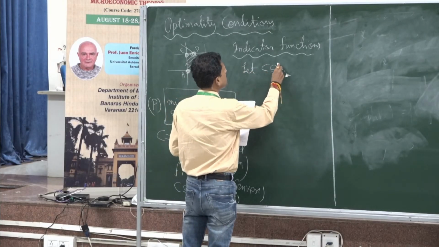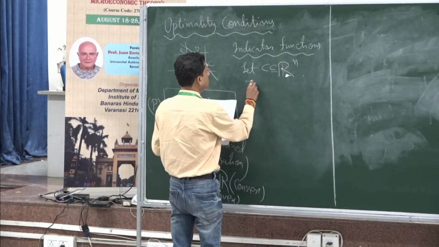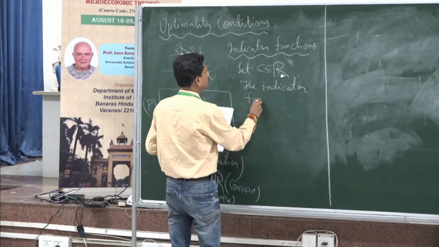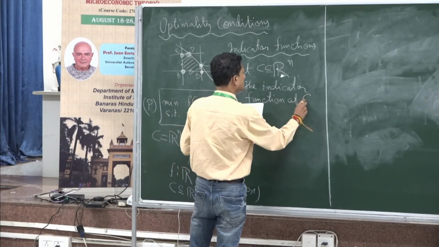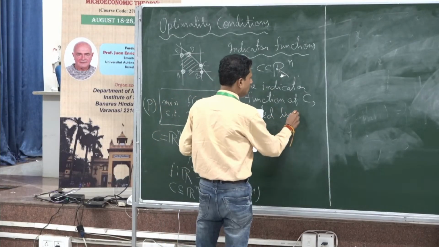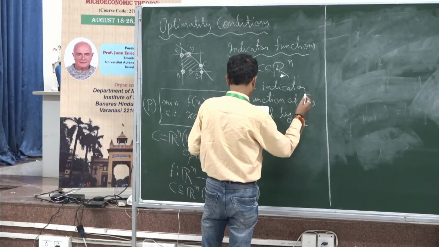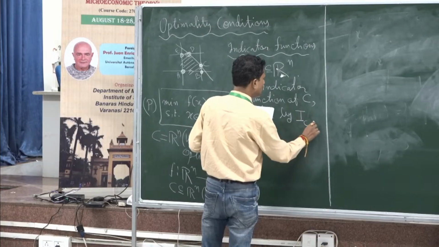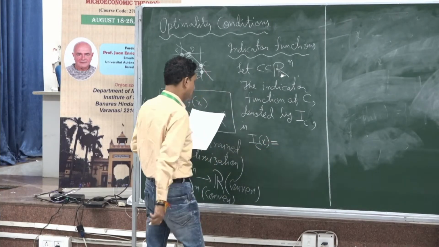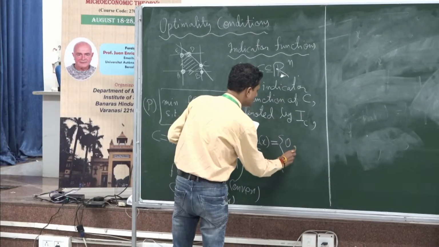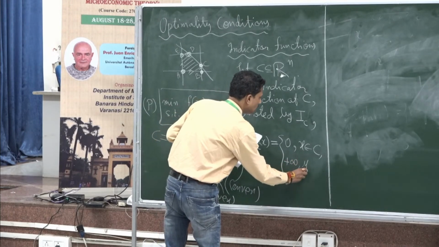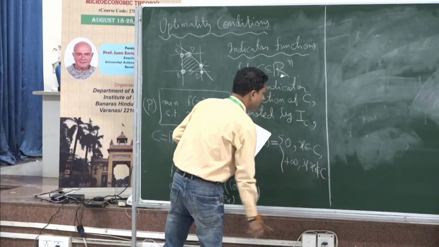Let C be a subset of Rn. So the indicator function of C is denoted by I of C, so the value at any point x is 0 if x belongs to C, and it is plus infinity if x does not belong to C, right?